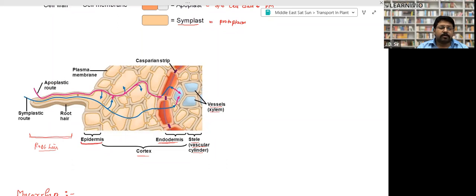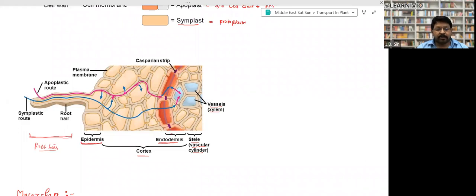Means the space between the protoplasm and cell wall, the water is moving within that space. Means it is not entering inside the protoplasm, right? When the water does not enter inside the protoplasm, it moves outside of the protoplasm. This is called apoplastic path, right?